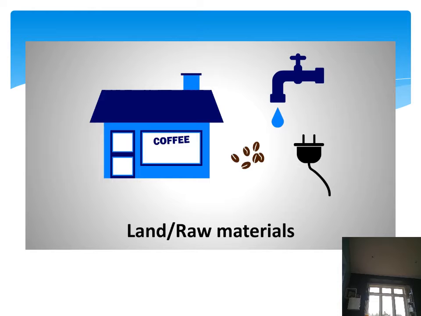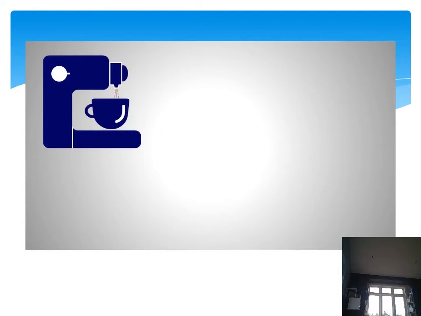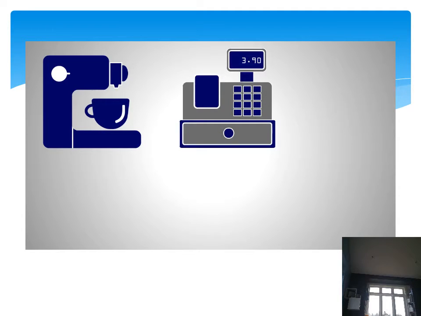What else do you need to sell coffee? What about coffee maker machines? Cash registers for cash transactions? So these are machines and tools that help us produce our goods, in this case, coffee. These are also what we call capital.